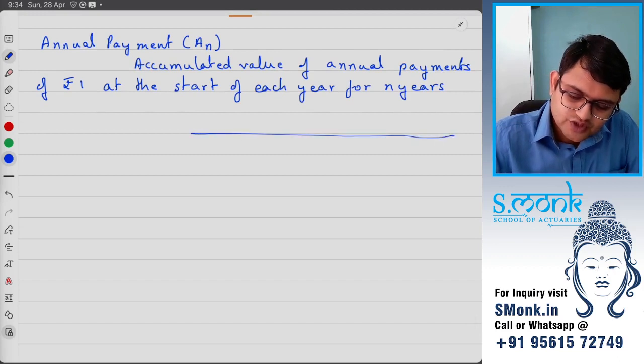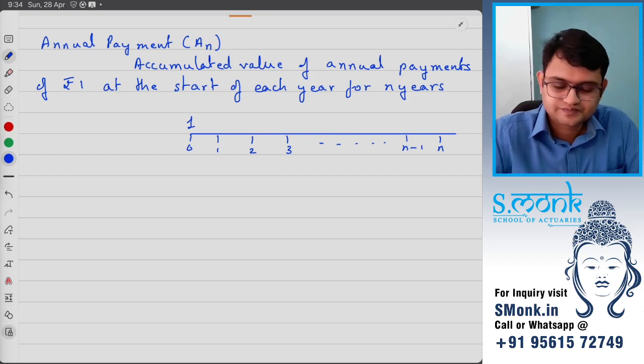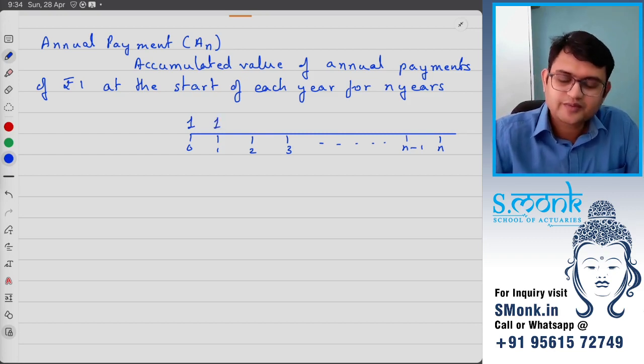If I just draw the timeline, start of each year, the first payment would be at time 0, second payment would be at time 1, third payment time 2 and so on.